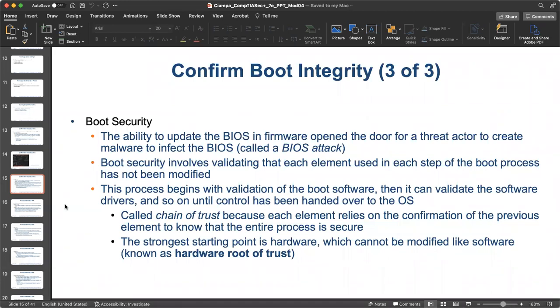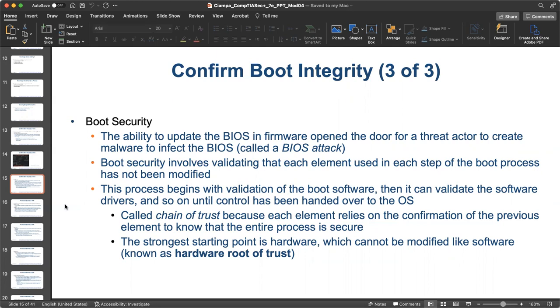This is known as the hardware root of trust. Security checks begin in hardware checks, because this chain of trust begins in a hardware verification. Each subsequent check can rely upon it, which we call boot attestation, basically, right?